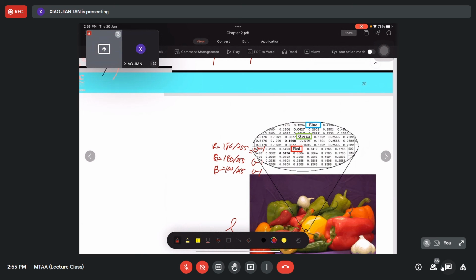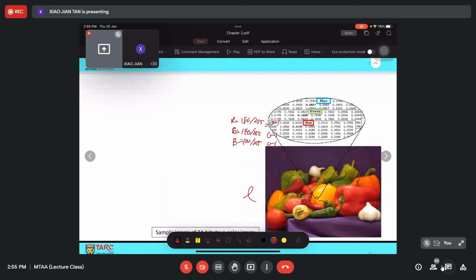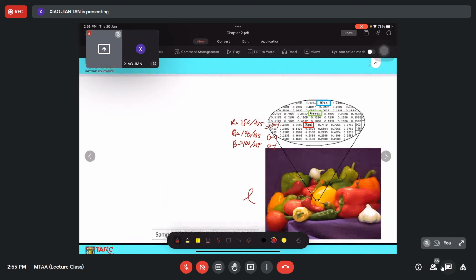This normalization is important, especially when you involve calculations for conversions from one color model to another. Because if you use the values from 0 to 255 to calculate, perhaps you will get a wrong answer.